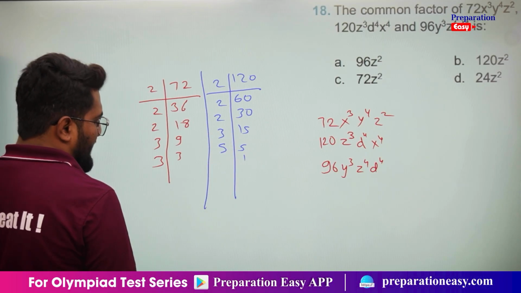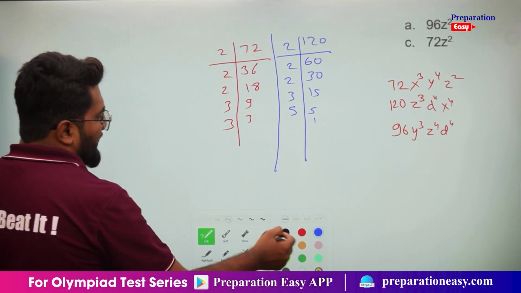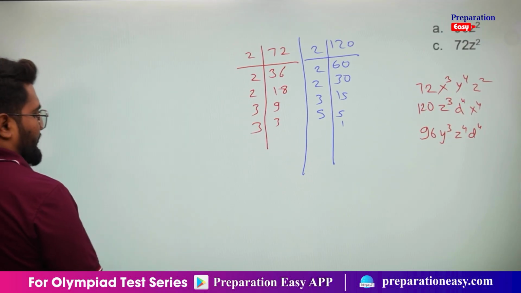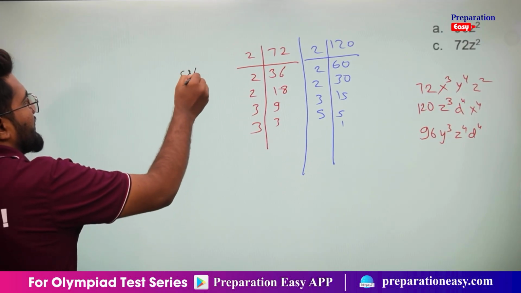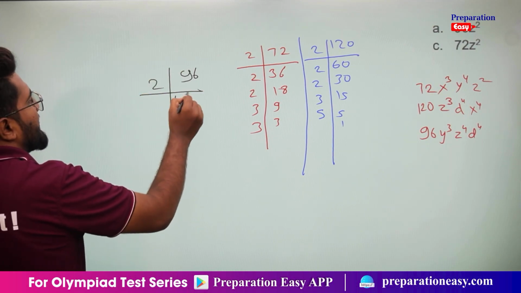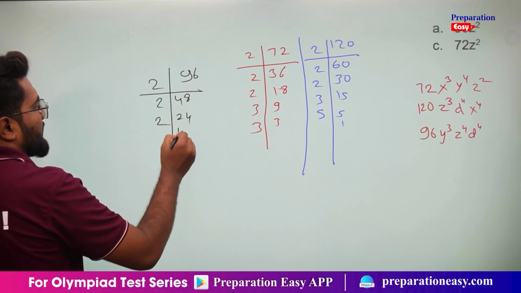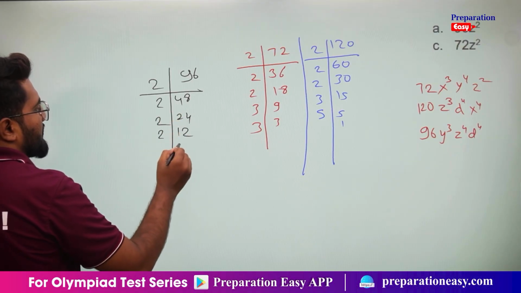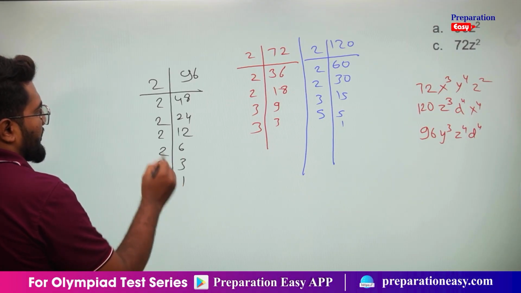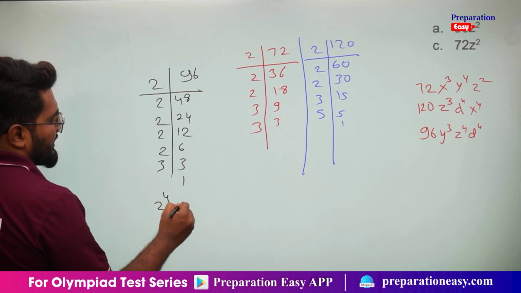The last number is 96. Dividing by 2 repeatedly, we get 96 written as 2 power 4 multiplied by 3.